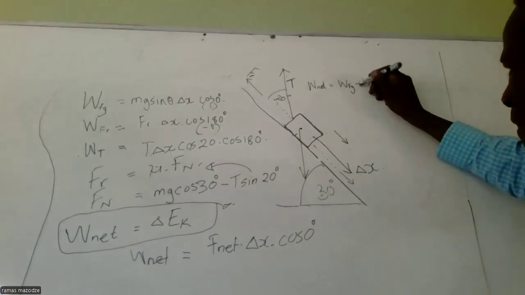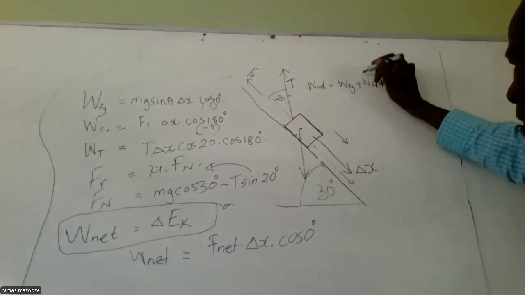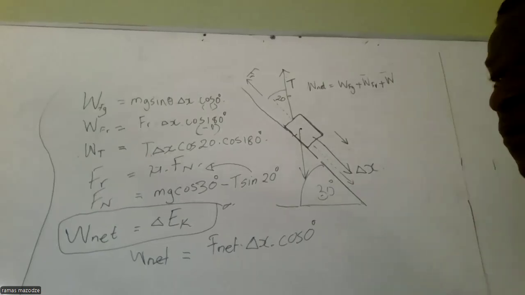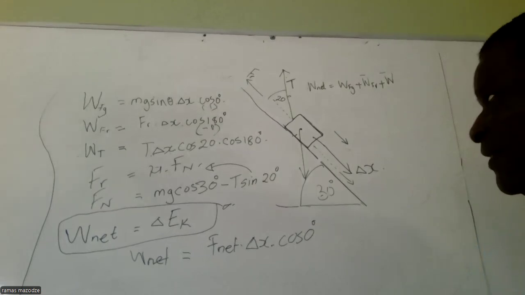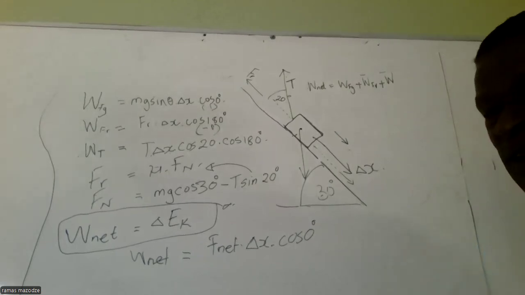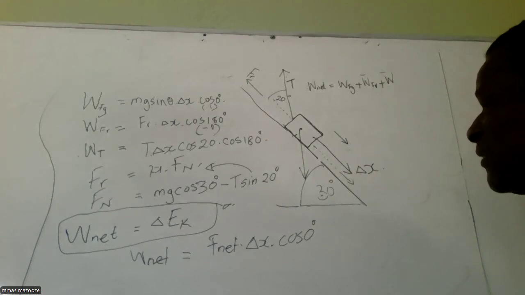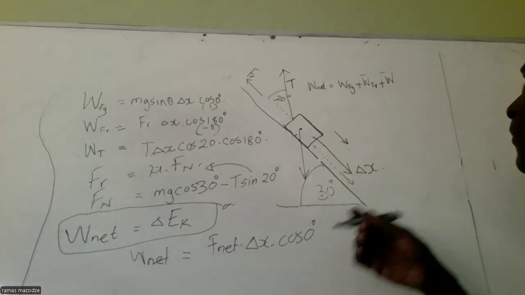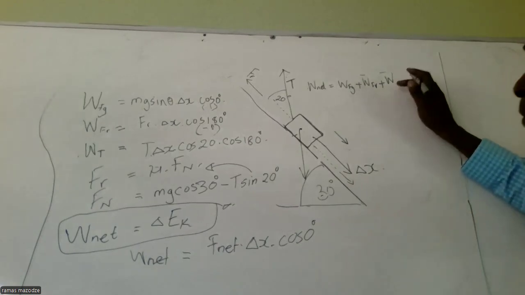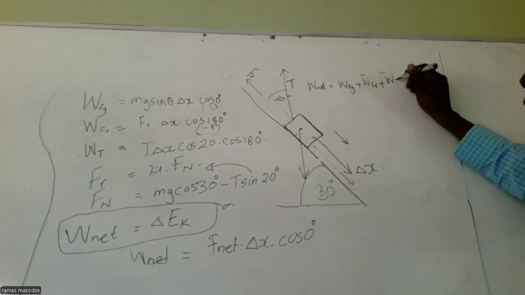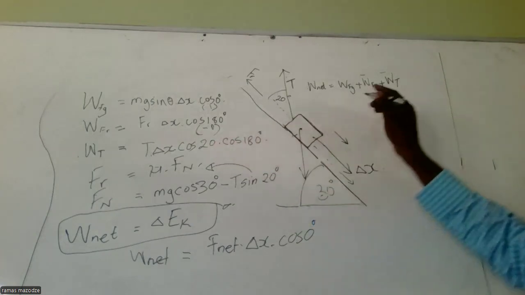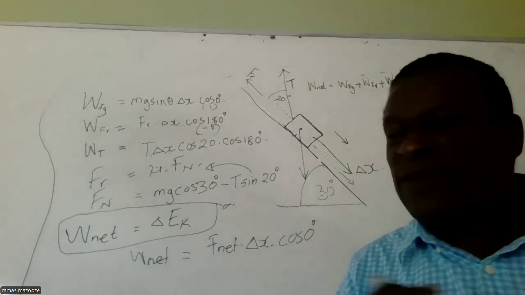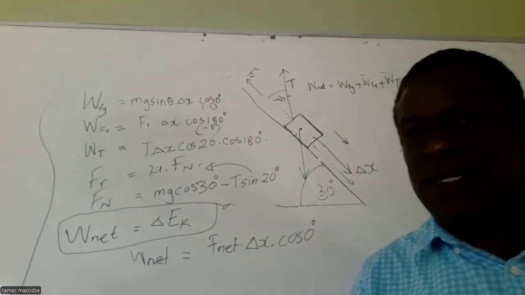We are just adding, guys. So I'm using plus, but these will be minus when you put in the values, because they are negative work. Work is not a vector, but you can say something is doing negative work, and some other force is doing positive work. Because net is always a sum. Anything with the word net, just say sum.